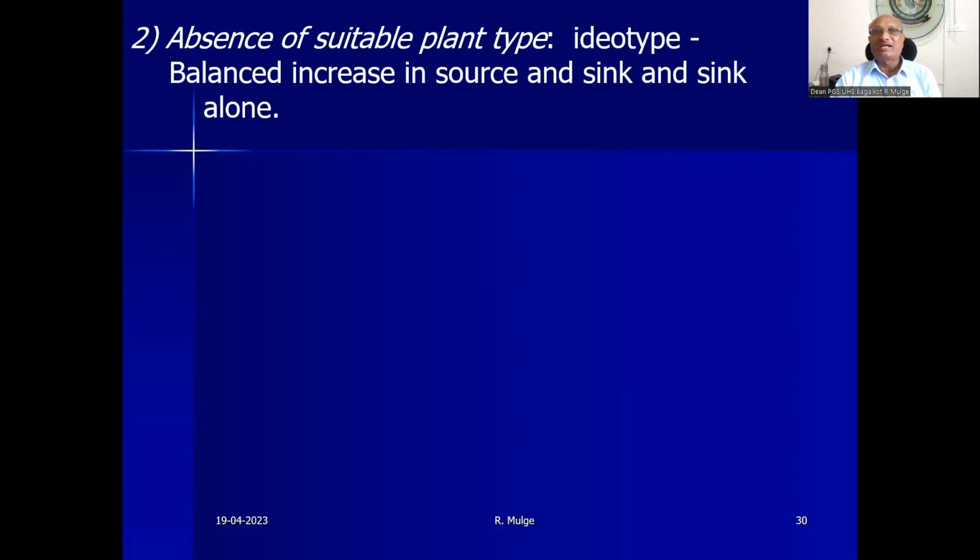It's not just the sink alone. It should be both source, where the carbon is produced, and sink. You always think about the sink yield only, expecting absolutely high yield. But you can't get a high yield from just one single stem and a dwarf plant without any branches. You cannot expect that.